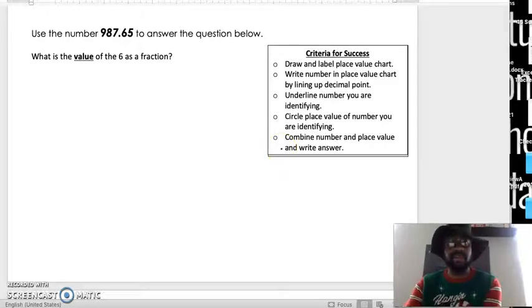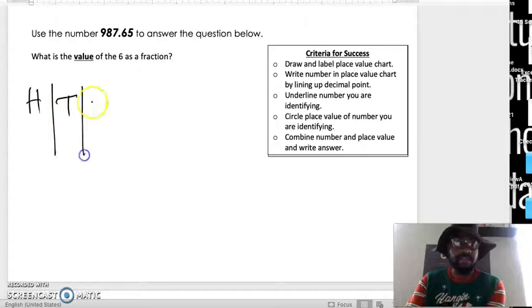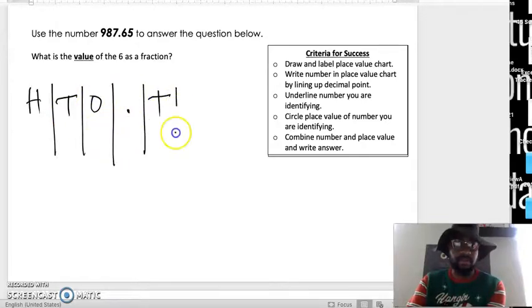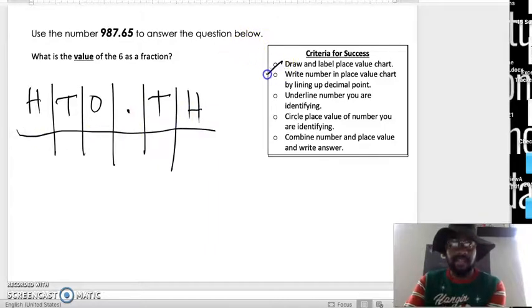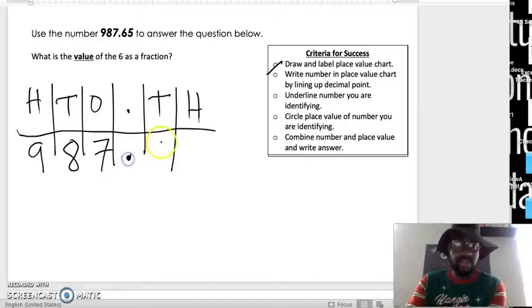So once again, what are my steps? First step is to draw my place value chart. Second step is to write this number inside of the chart. So 9 hundreds, 8 tens, 7 ones, decimal point, 6 tenths, 5 hundredths.